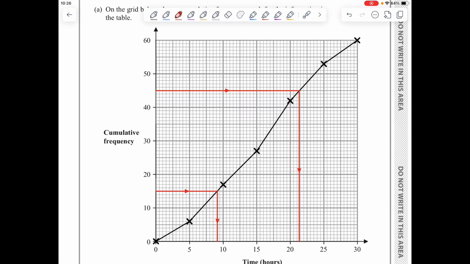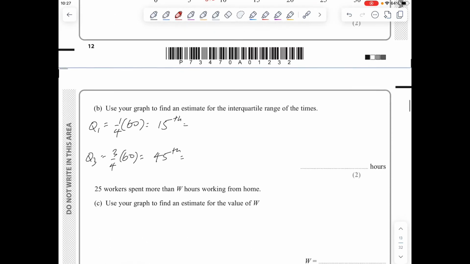So the two readings on the x axis are 8.5 and 22.5. According to your graph, you might not get exactly the same answers, but something similar. So going back to question B, I have 8.5 for Q1 and 22.5 for Q3.